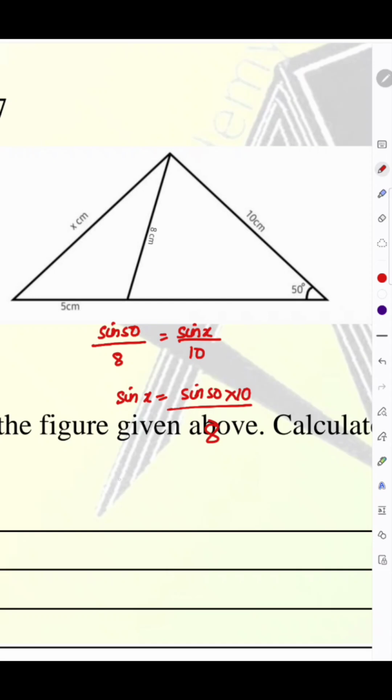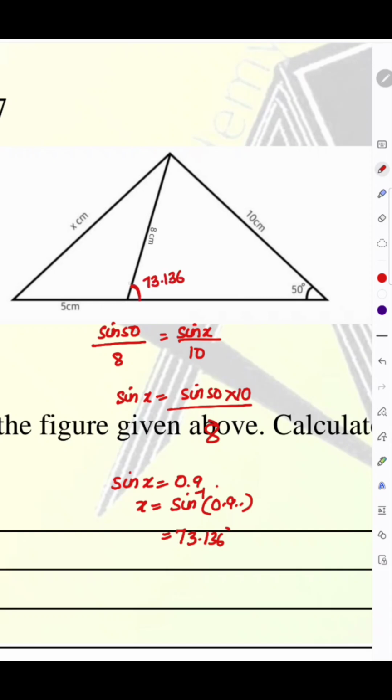And this will give you sine x as 0.95 something. And on taking inverse, I'll get the angle as 73.136 degrees.